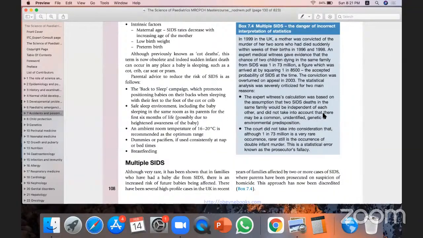Maternal age is also a factor, remember, because maternal age too young or too old, both are risk factors for sudden infant death syndrome.